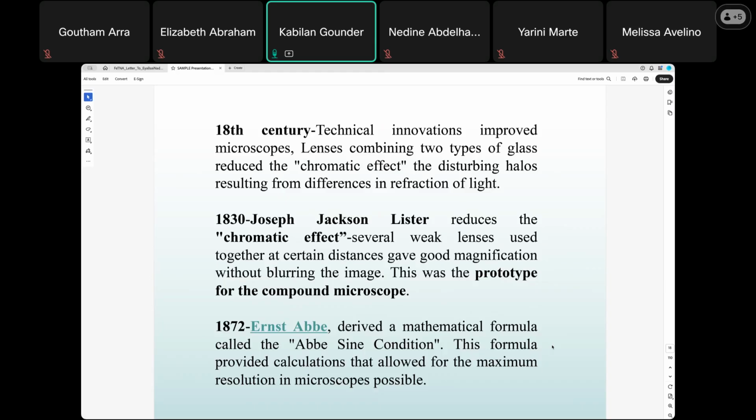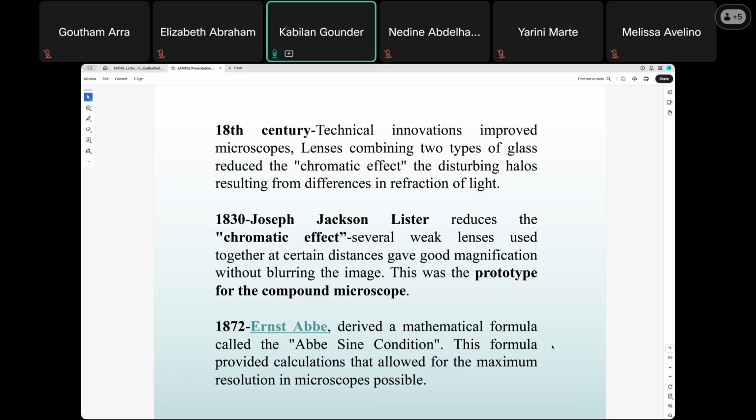Based on that, in 1830, Jackson Lister reduced the chromatic effects using several weak lenses together at certain distances.